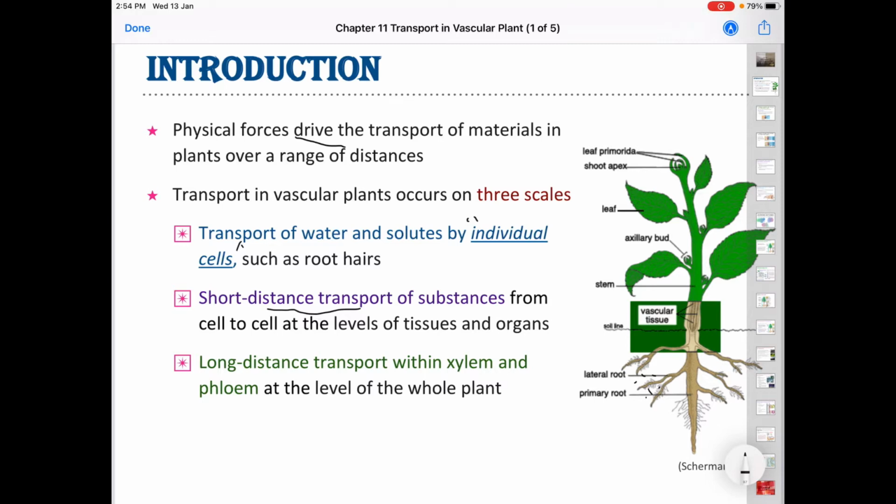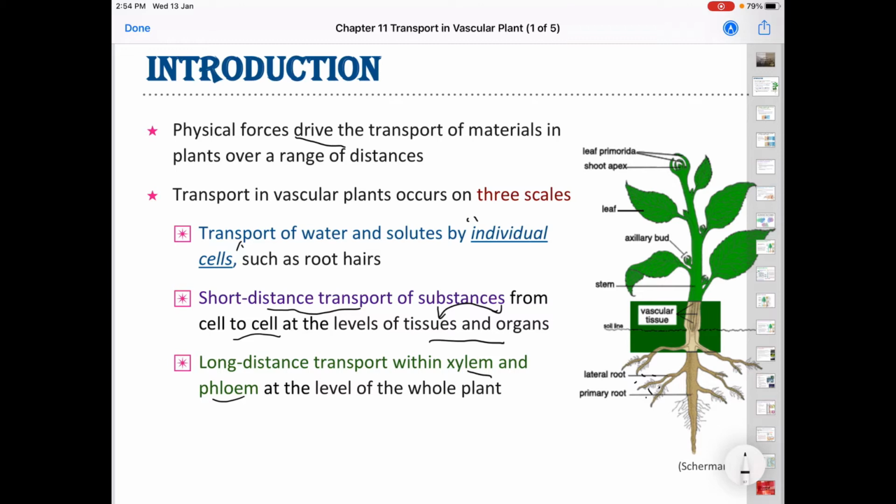And then the second is short distance transport, which is from cell to cell at the level of tissue and organ, between tissue and the organs. And the last is the long distance transport, which involves the xylem and phloem at the level of the whole plant, meaning this xylem and phloem will carry all the water and also the nutrients throughout the whole plant.